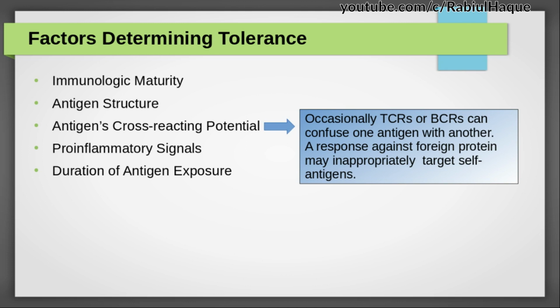Now, we will talk more about autoimmunity in another lecture. For this lecture, just remember that occasionally T cell receptors and B cell receptors can confuse one antigen with another, and as a result, the response that was targeted against foreign proteins may inappropriately target self-antigen, and that will result in loss of self-tolerance or loss of immunologic tolerance. So that is an important factor to remember.